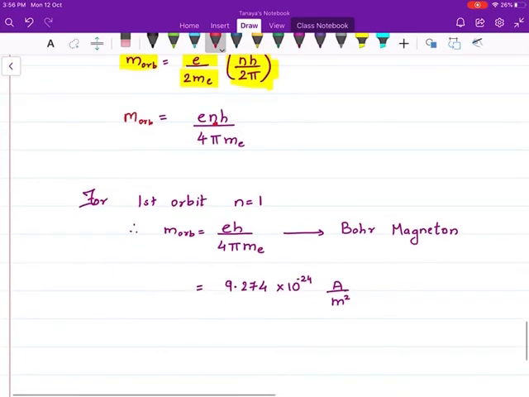So for the first orbit, n is equal to 1, and we can find this value of m orbital, and that is equal to 9.274 into 10 to the power of minus 24 ampere per meter square. This is the formula for m orbital, and that is also called the Bohr magneton.